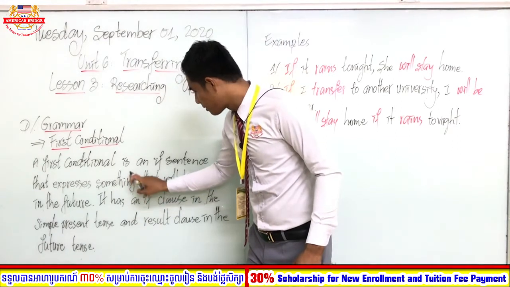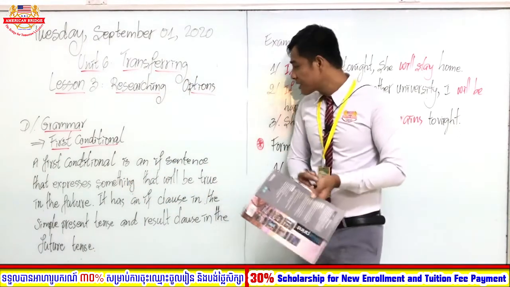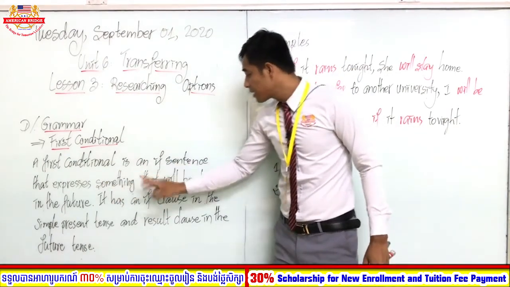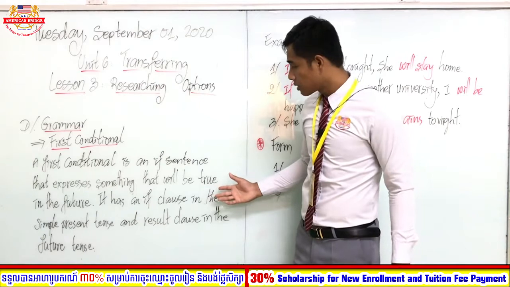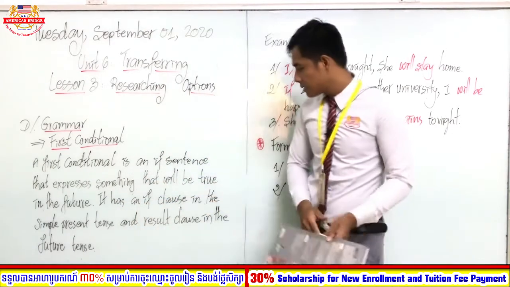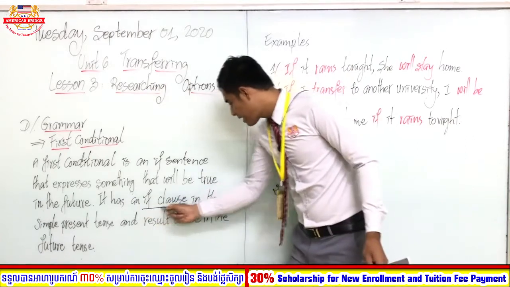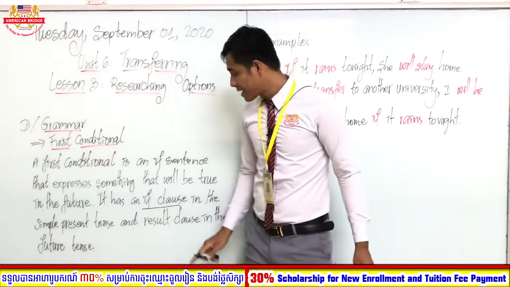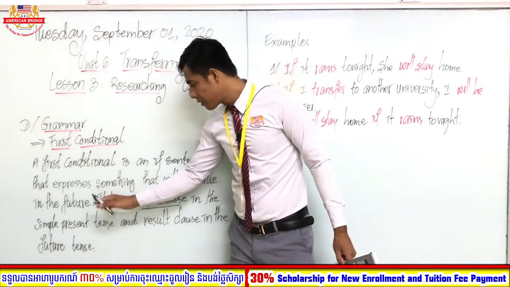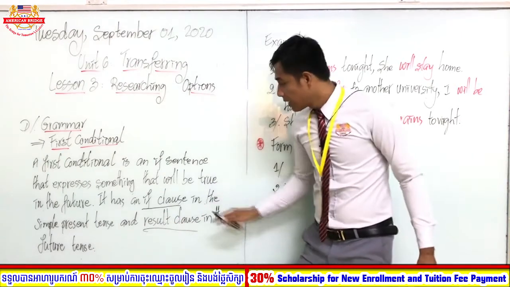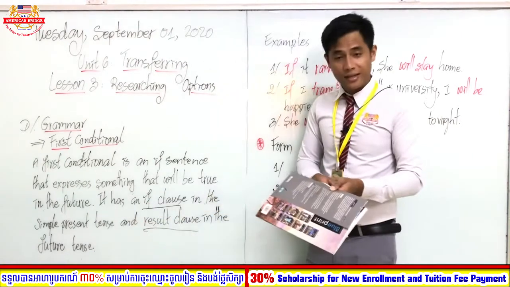Again, a first conditional is an if clause that expresses something that will be true in the future. It has an if clause in the simple present tense and a result clause in the future tense.